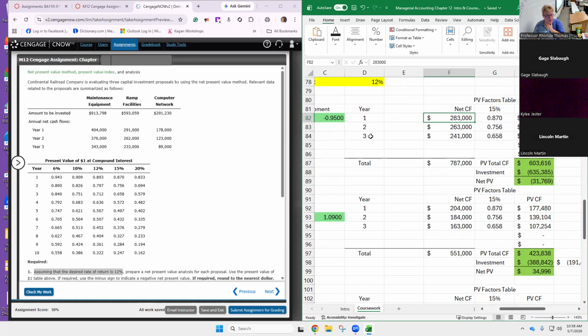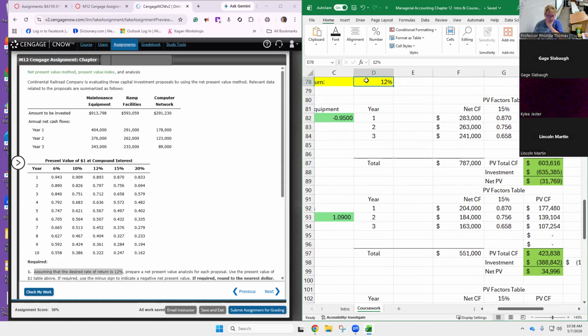And luckily, they're only looking at 3 years. So the second step, after putting in my minimal rate of return, is to put in the cash flow for each of these options. Okay, so that's what I'm going to work on. And then we'll see what happens.